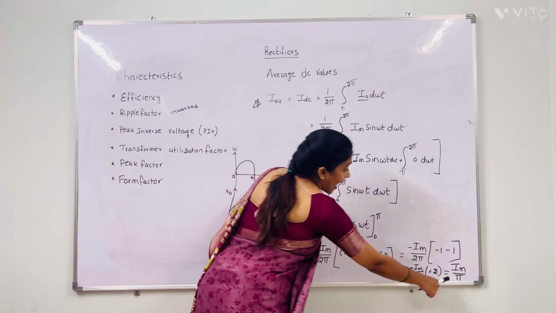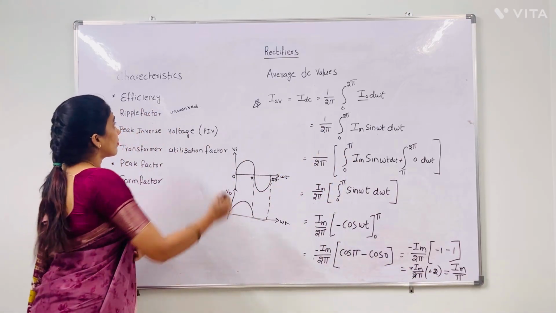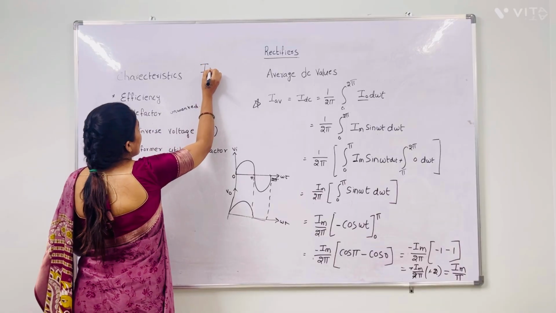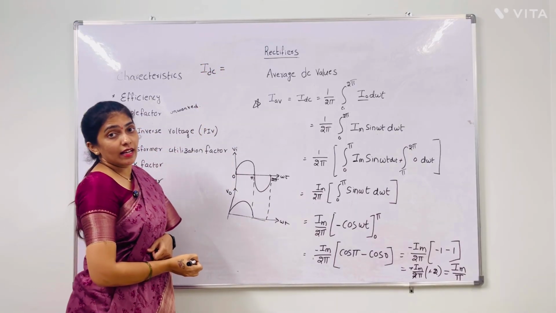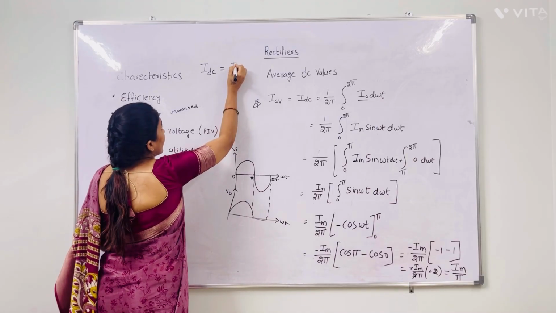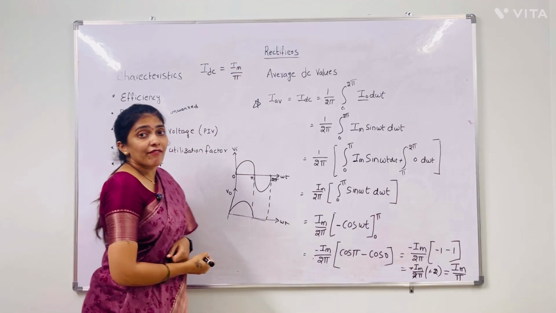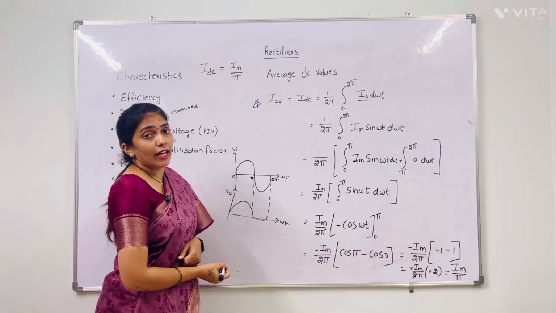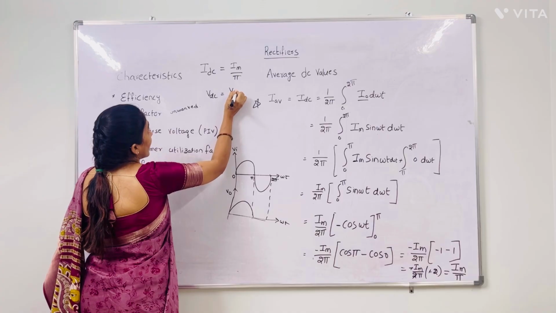Finally we get I naught equals Im by pi, which means the average current IDC equals Im by pi. Similarly, the average output voltage VDC equals Vm by pi.